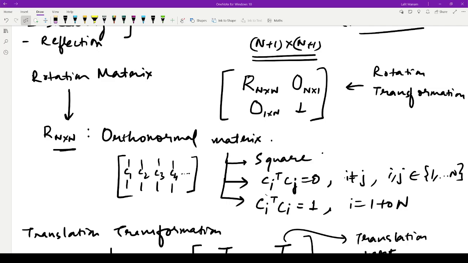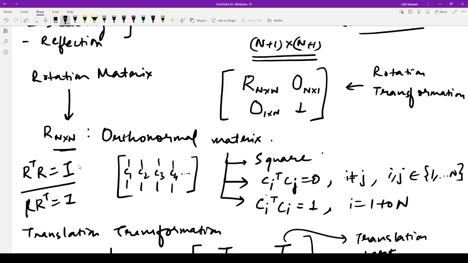If you apply Gaussian elimination, an n cross n matrix R could be reduced by the Gaussian method. If you try solving this, R transpose R should be I, and R into R transpose is also I. So of course the inverse of R is R transpose, for our specific purpose of the rotation matrix only, not in general.